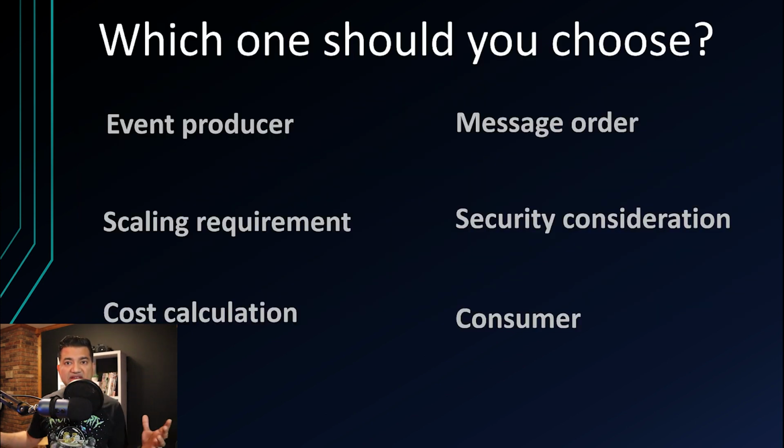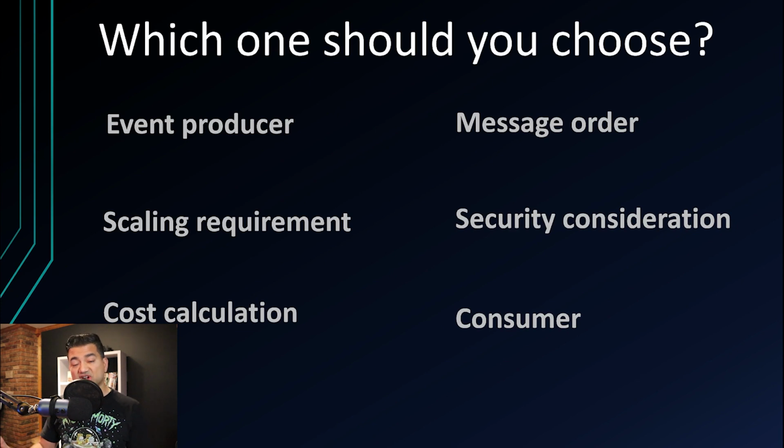So all right, summing it all up, there are multiple factors. It's not like, oh, EventBridge is the newest, most shiny service, so I should use EventBridge. Consider the pros and cons. Cons of EventBridge could be: if your security organization requires the messages encrypted at rest, you cannot use EventBridge. If you want strict message ordering out of the box, you cannot do EventBridge.